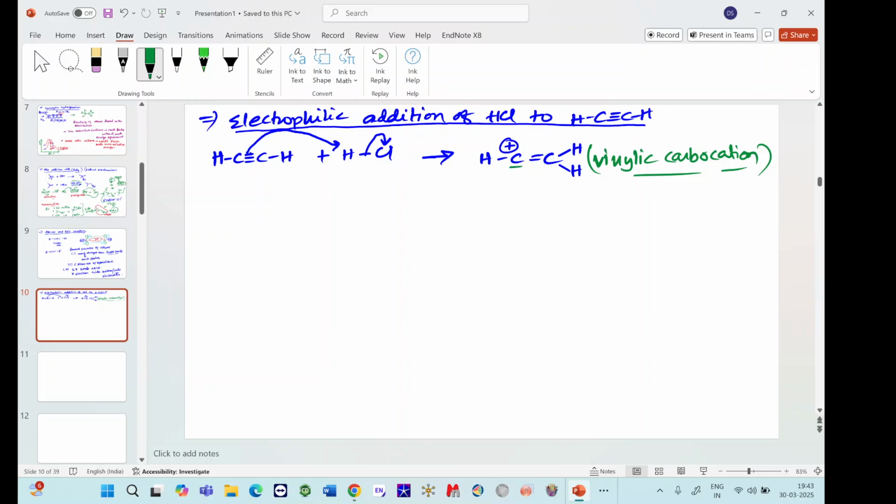Okay, the s character is much more, so it is not that much stable compared to the sp3 carbocations. But still in this case it can work, and if you have this chloride, it will go and attach here, so that you will get HCCl double bond CH.